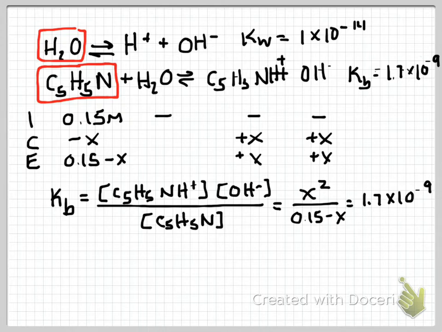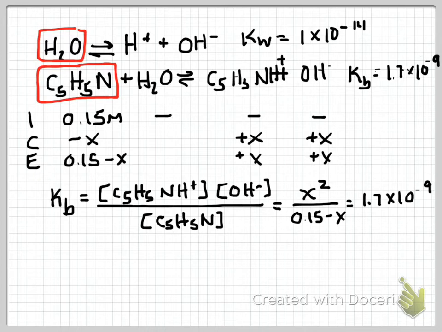I do think it's a good idea to always write out your reactions involved, because when you write out your Kb or Ka expressions, you're less likely to get them mixed up. If you're looking at the reaction, you're always going to be able to write your products over your reactants, and you will never flip-flop them, which a lot of people commonly do when dealing with these reactions. So here we have our Kb.